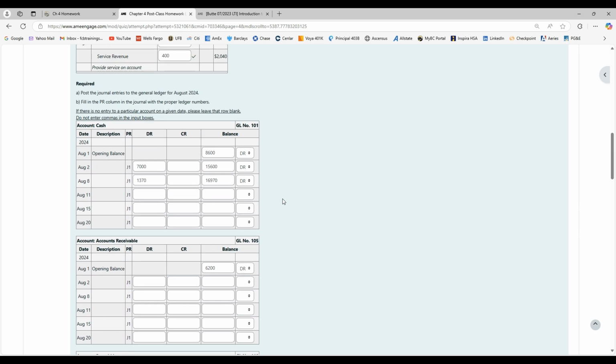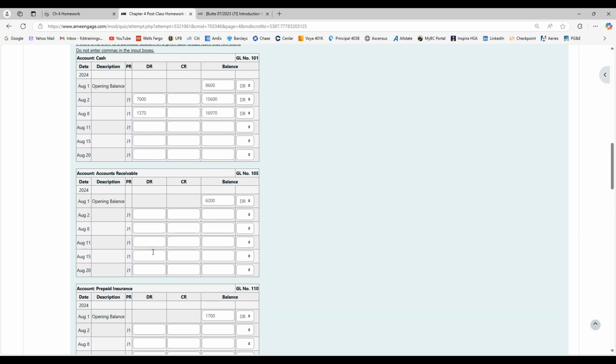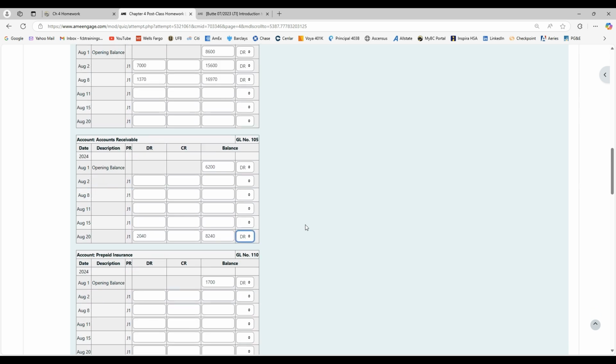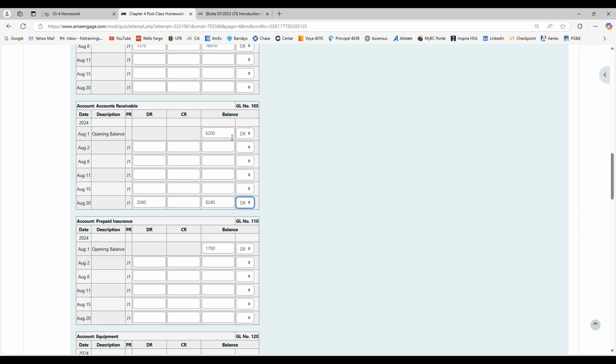And finally, we have accounts receivable being increased on the, what day is this? The 20th. So we want to debit our accounts receivable for 2040. Okay, I think I can do this math. 8240. It's a debit balance. And so again, asset, normal balance to start, it's a debit.